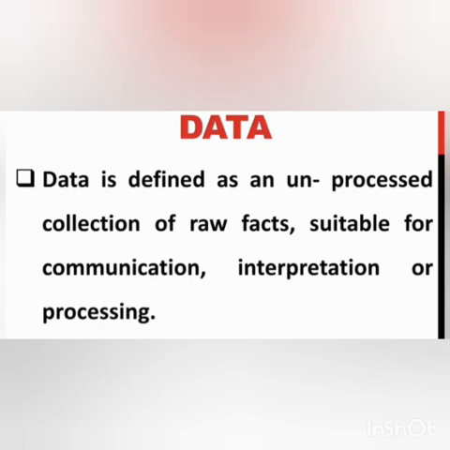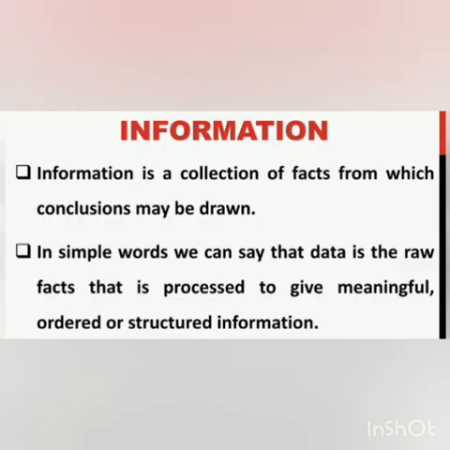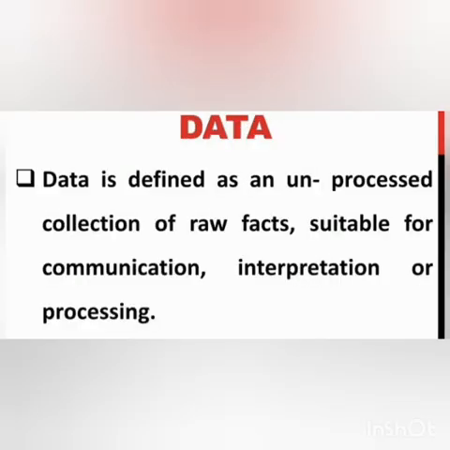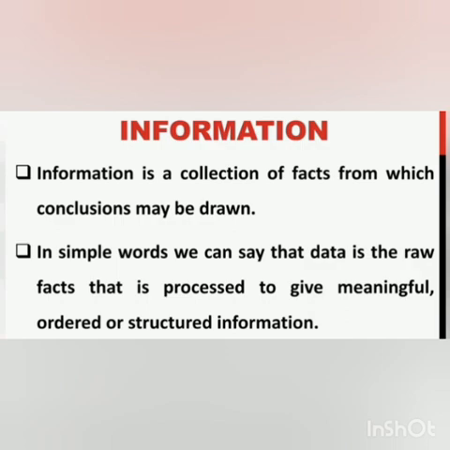Now, let us see information. Information is a collection of facts from which conclusions may be drawn, whereas data is an unprocessed collection of raw facts. Here, information is a collection of facts from which conclusions, that is output, may be drawn. So the data will not give any meaning and the information will give some meaning.